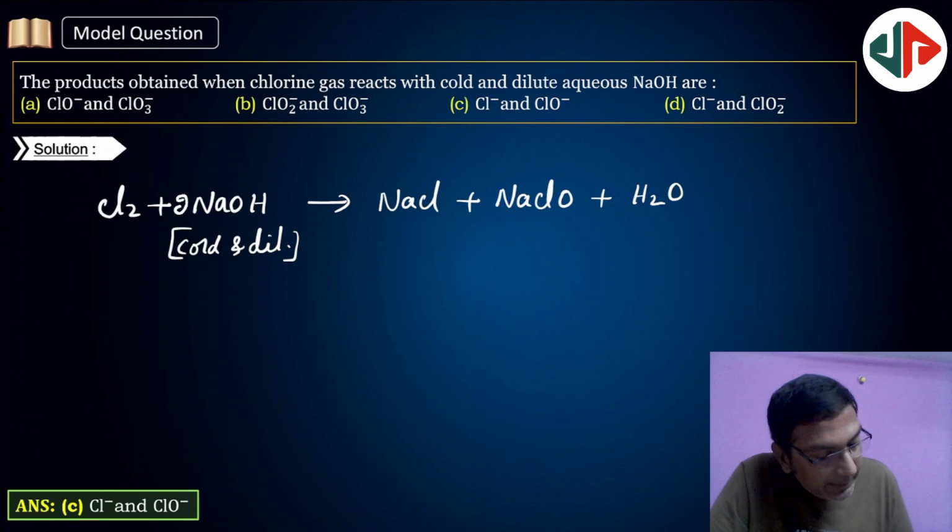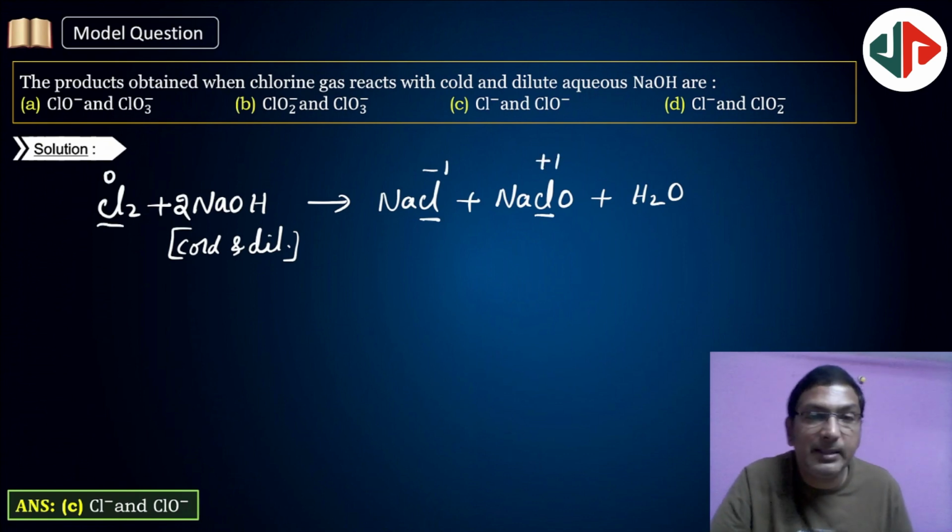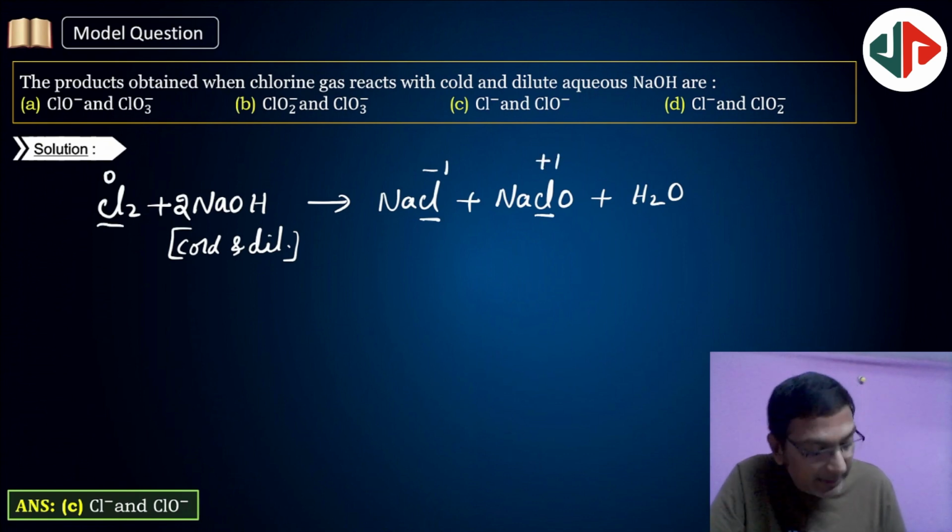So balancing here 2 moles of NaOH. So balance. Next, here Cl2 oxidation state 0, here Cl minus 1 and here plus 1. So this is best example for disproportionation reaction.